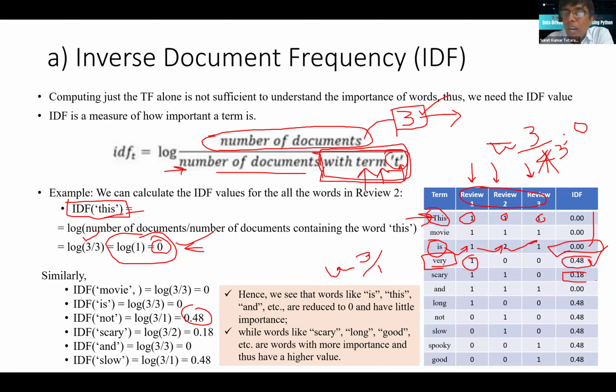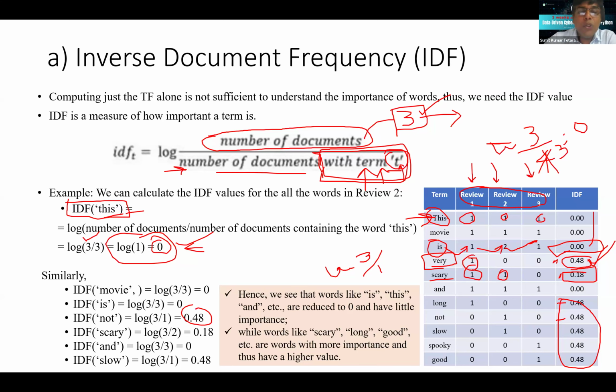Even this one is lower, because "scary" is inside 2 documents. That's why the importance of "very" is more than "scary". Similarly, you can find which words are very important and which are not. These are the very important ones; using these words you can find out from which document it's coming.